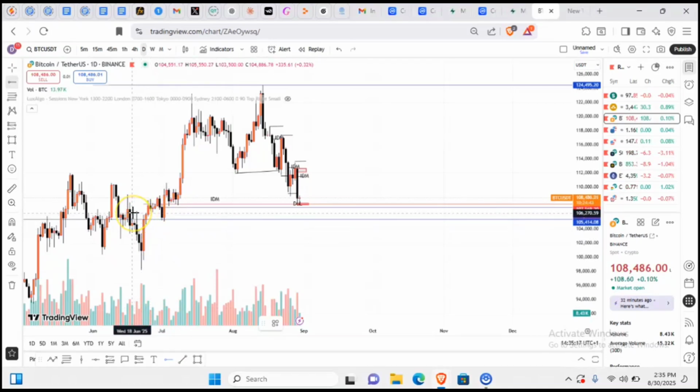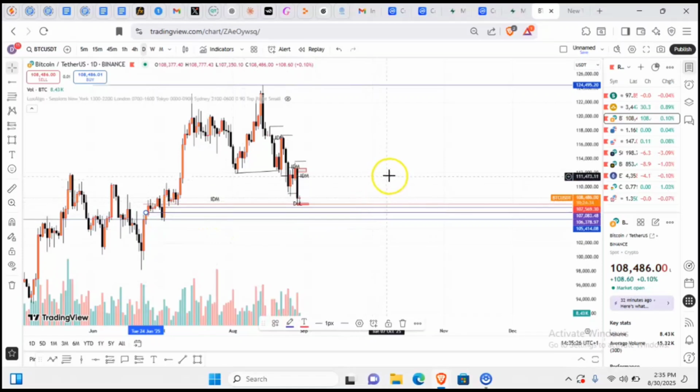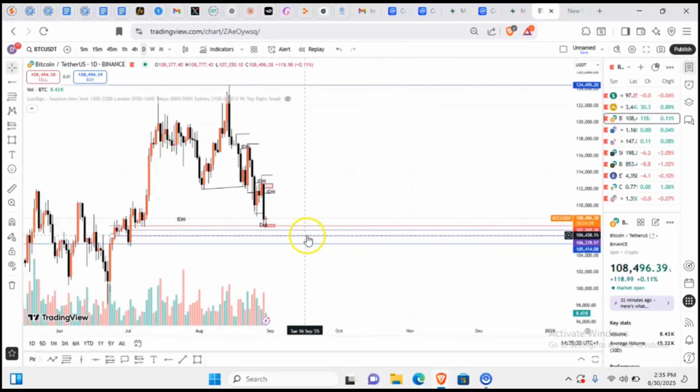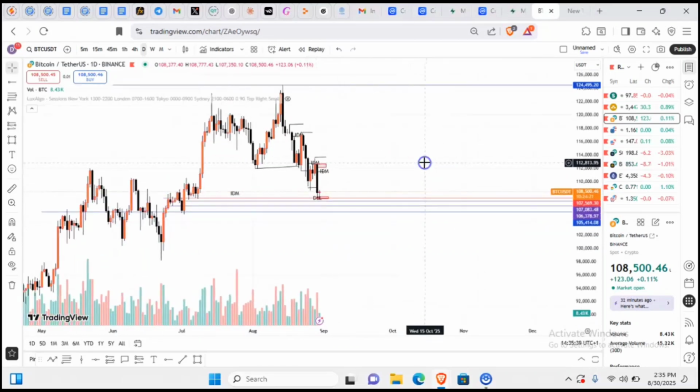So we can have anywhere here as my stop loss. So this candle here. Okay, so you can see now I've reduced my stop loss to somewhere at this level here, 106,438.